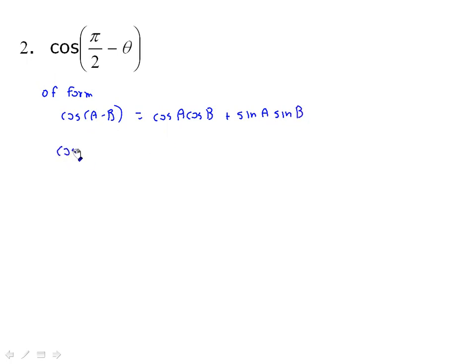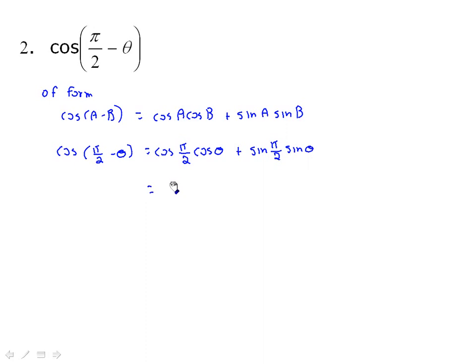So in this case, the cosine of pi over 2 minus theta is equal to cosine of pi over 2 cosine theta plus sine pi over 2 sine theta.